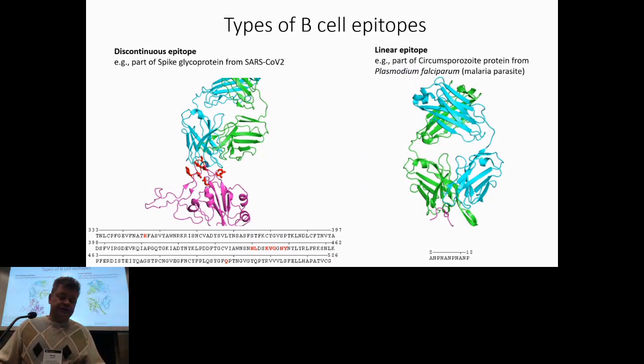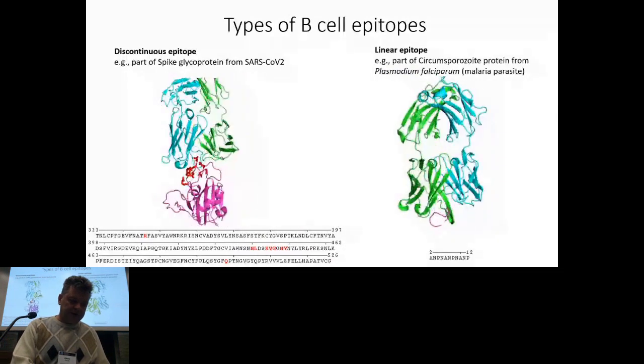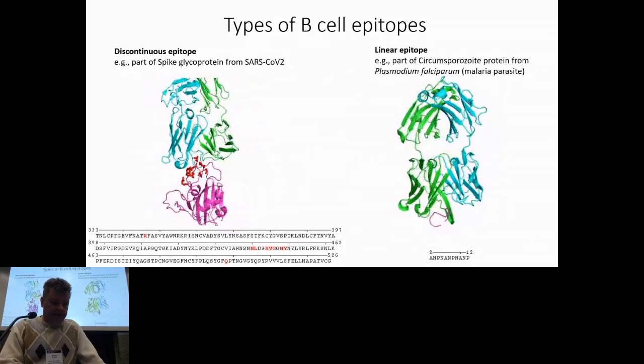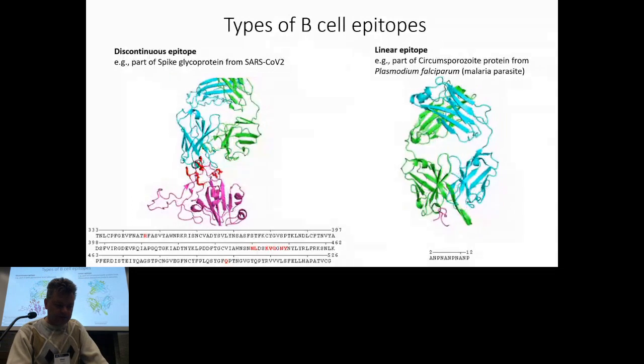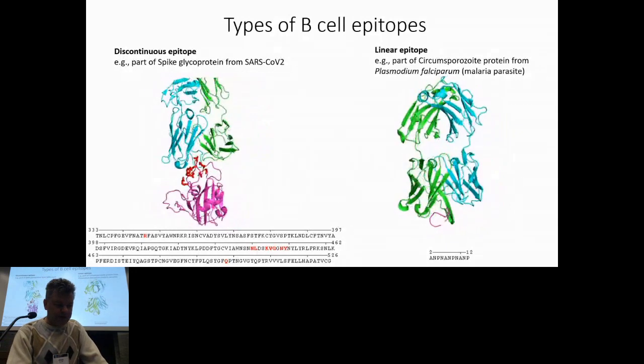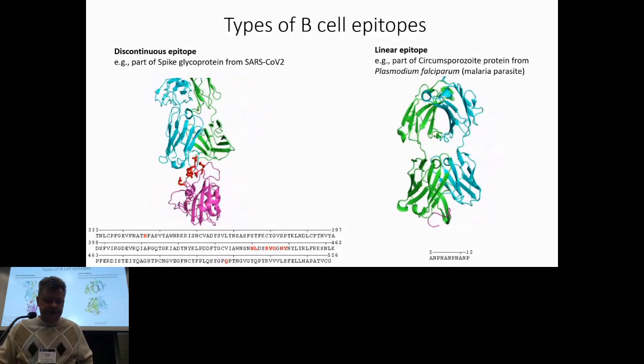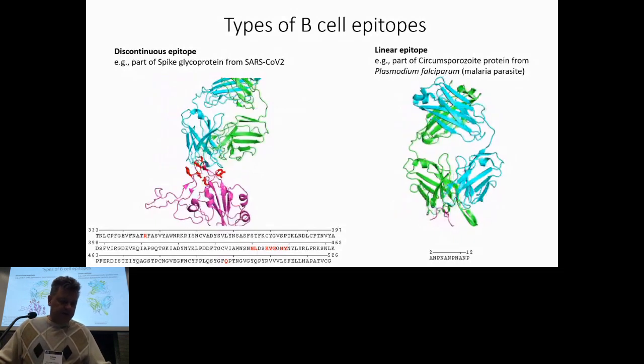One is the conformational or discontinuous epitope, on the left. You can see an antibody with heavy and light chain binding to its target, and the residues that they actually bind to, highlighted in red here, may be far apart in the sequence, in this case as much as 100 positions apart.